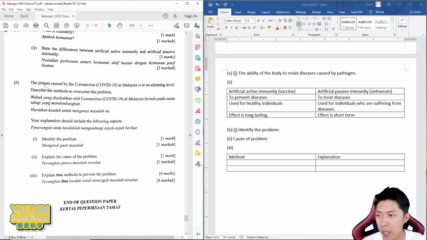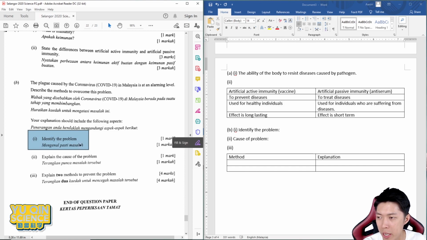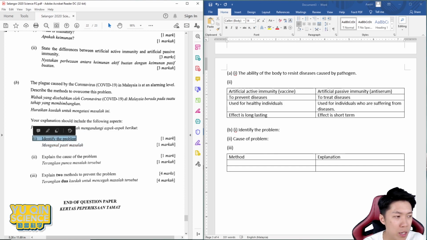Okay. So the plague caused by coronavirus in Malaysia is at an alarming level. Describe the method to overcome. So this is how to overcome a problem: identify the problem. What's the problem? Like this one, free answer. Copy from the table.